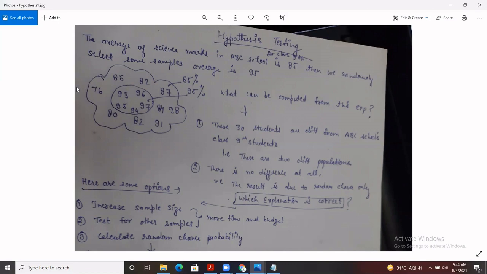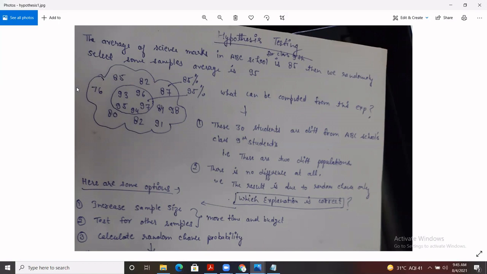Exactly the same thing is here, because we are taking a decision for the population using sample data. That was very small data, just ninth class students from ABC school, so we calculated the average of the population as well as of the random sample, and we see that there is some difference.